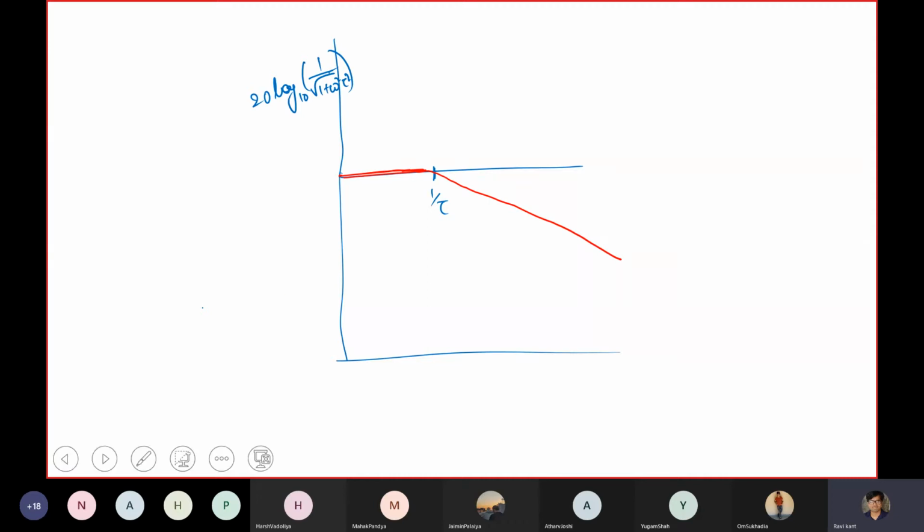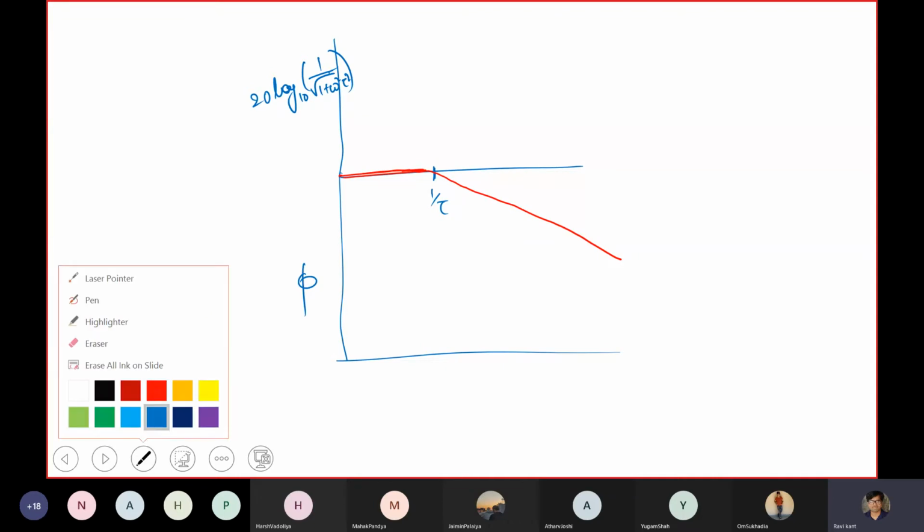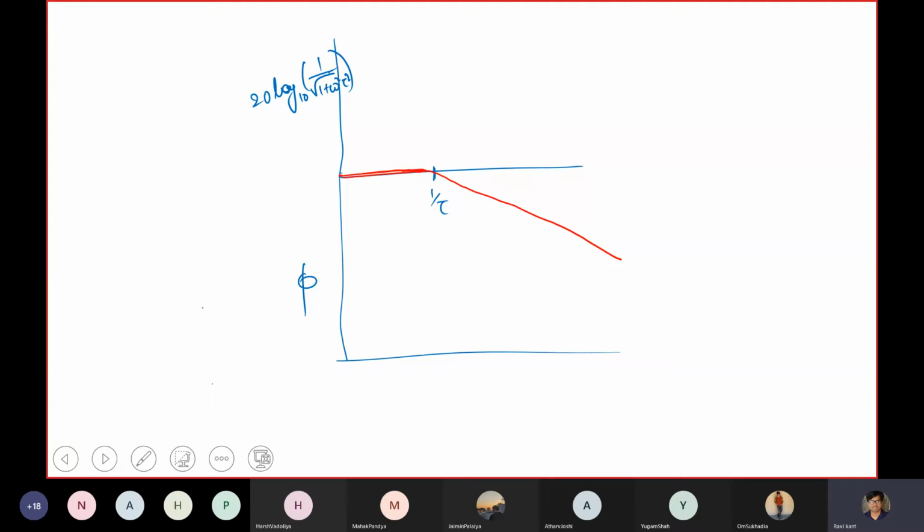And if I talk about the phase, it would have similar justification.